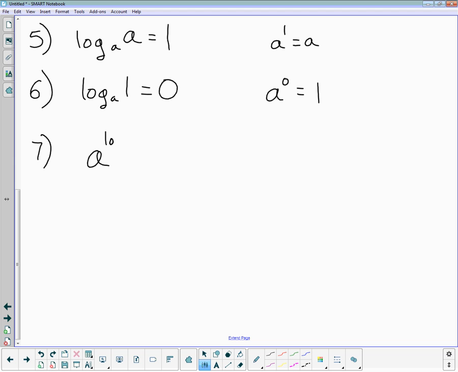A to the log base A of B is equal to B. So if I have a log with a base of A, and I want to destroy the log, if I'm trying to get rid of a log, this is how I get rid of a log. Okay?